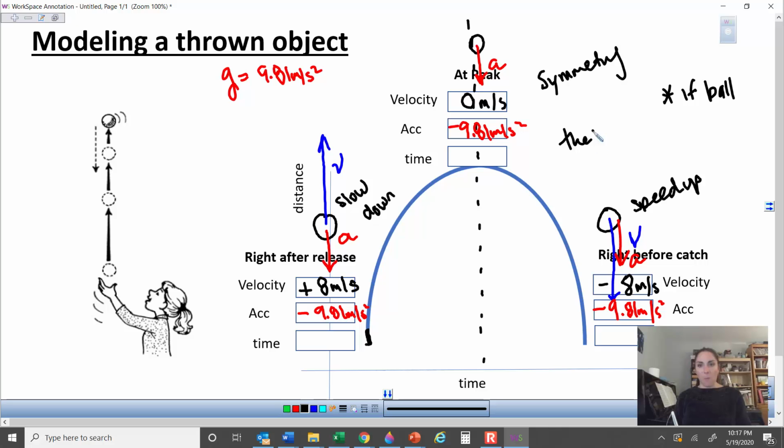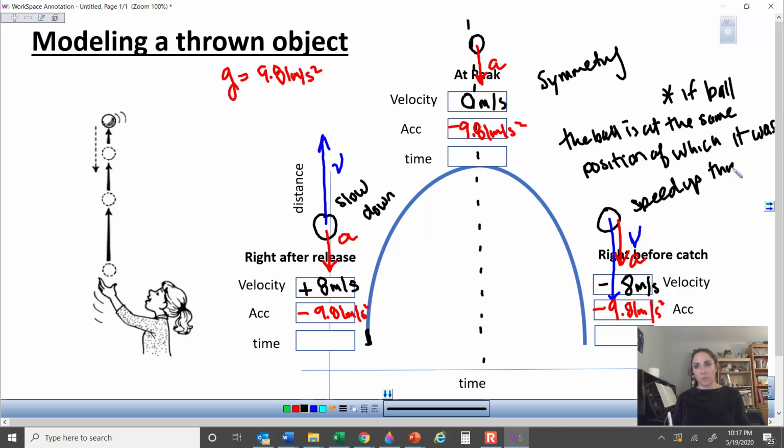If the ball is at the same position from which it was thrown, it will have the same, now notice my wording, speed.